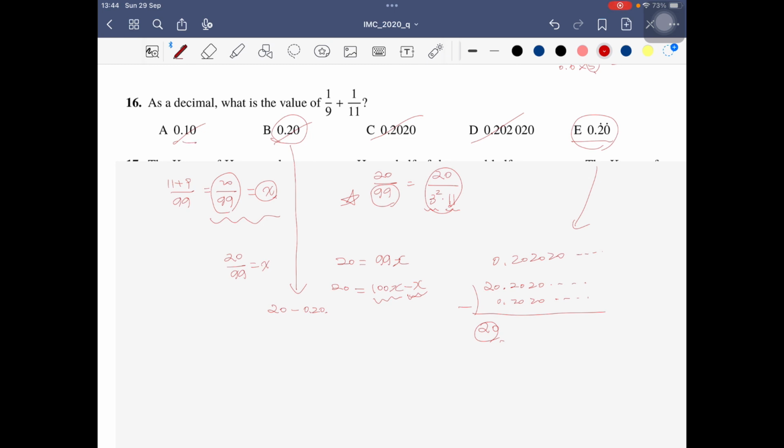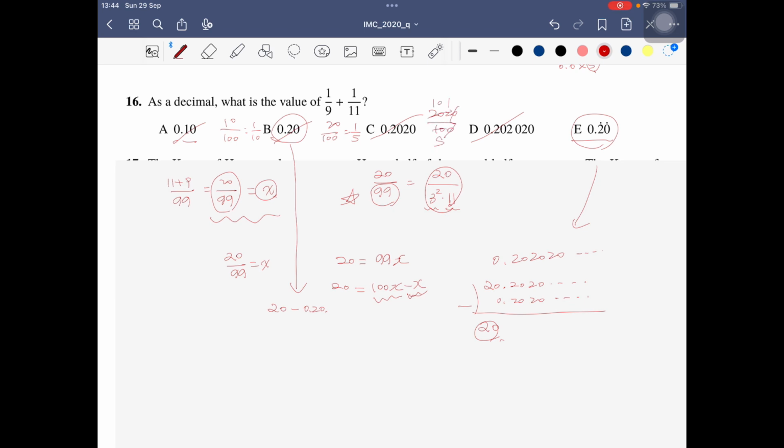All of these, like 10 over 100, 1 over 10, 20 over 100, 1 over 5, work because whatever we make, the decimal has only powers of 10.